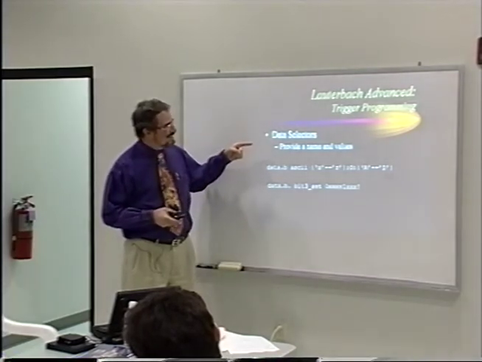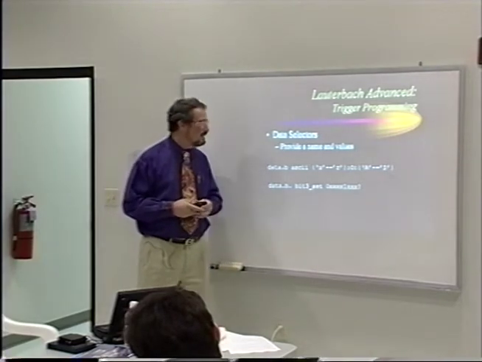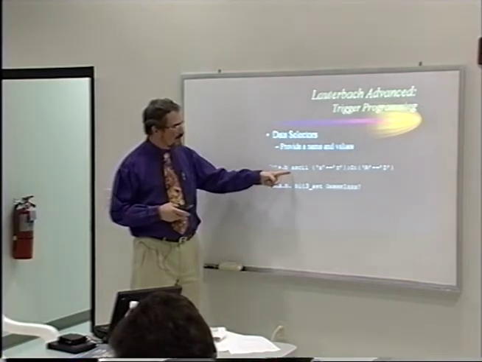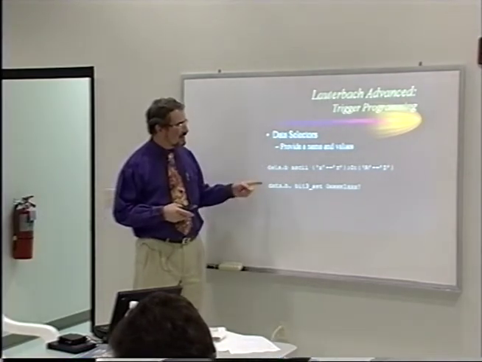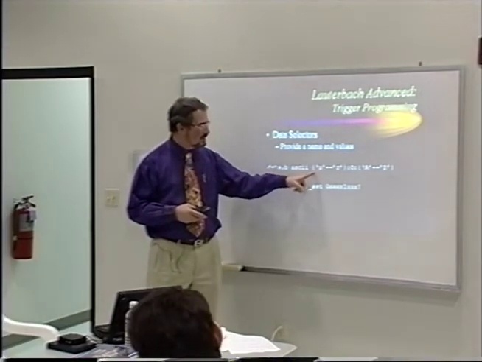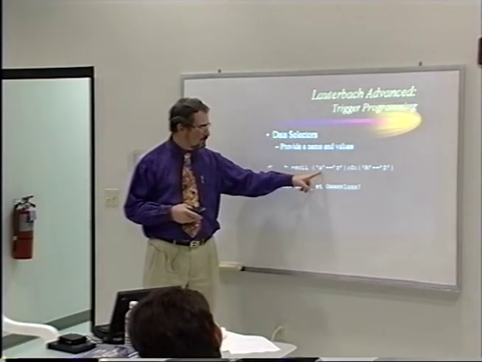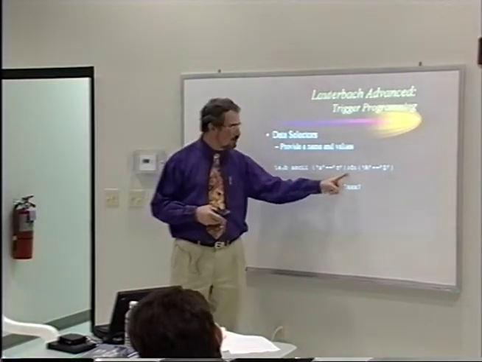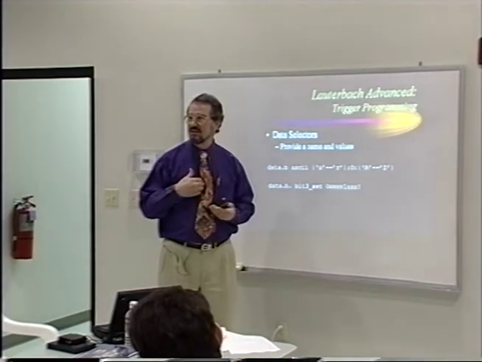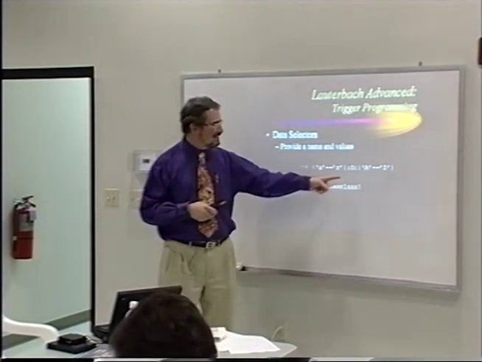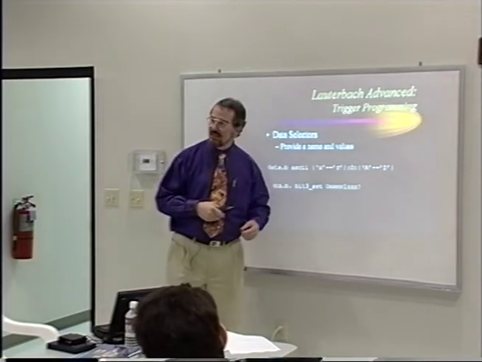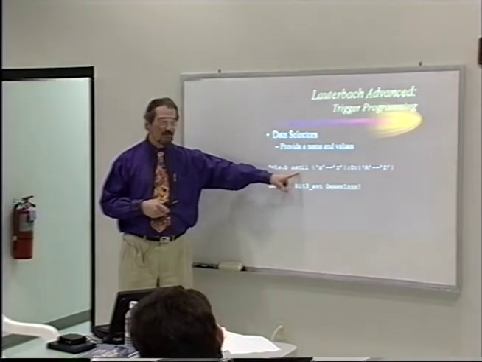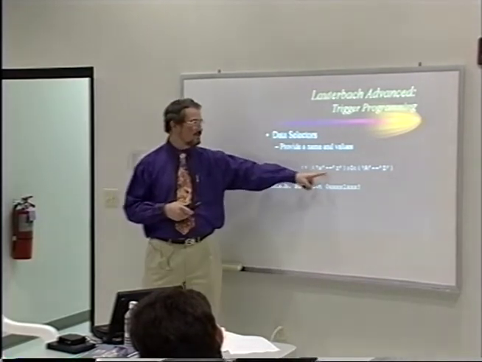The data selectors provide a name and values. We can do data.b is a data selector. We can give it a name, ASCII, and we can say ASCII is the range: the group lowercase a through lowercase z, colon O colon, that means or, and the range capital A through capital Z. So we've set up this data selector name ASCII to be equivalent to this.